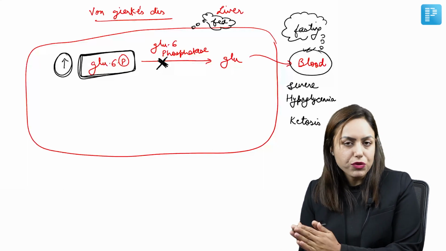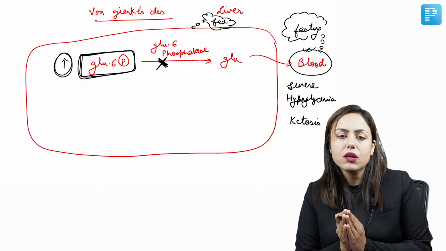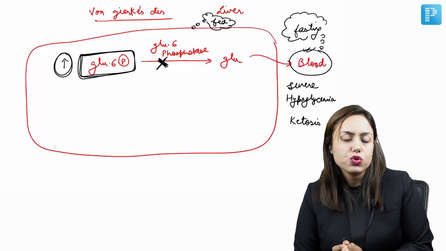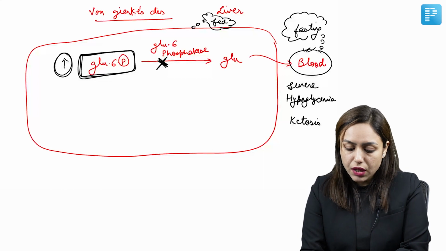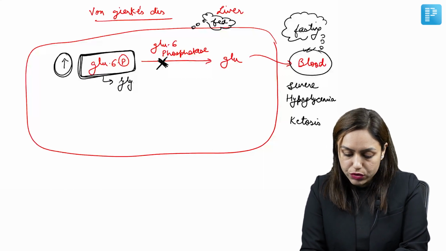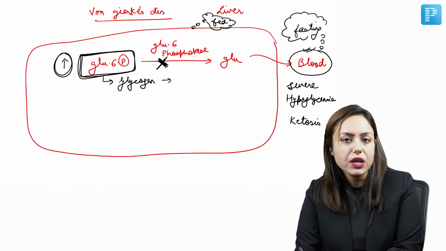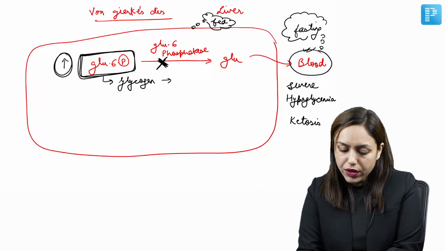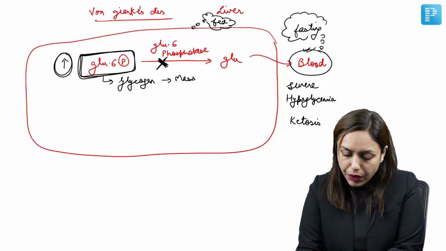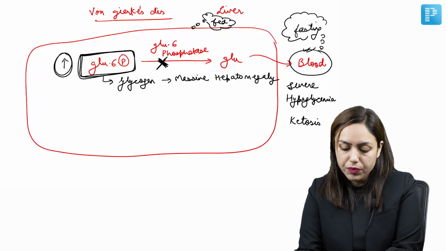Body cells, peripheral cells are thinking that we are in fasting, but the liver cell is thinking that we are in fed state. So what will happen? The liver will convert this excess glucose to glycogen. There is excessive glycogen accumulation happening in this disease. Over years, this leads to hepatomegaly, and these patients have massive hepatomegaly, right?